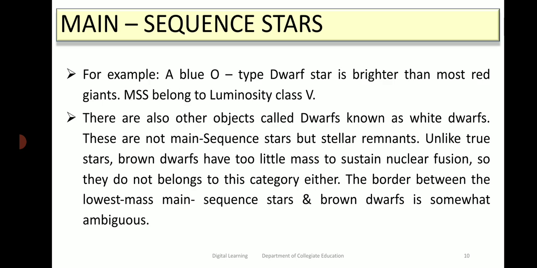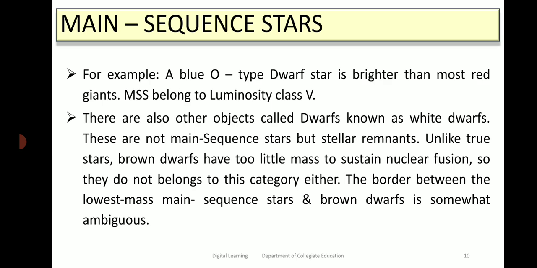An example for main sequence stars: a blue O-type dwarf star is brighter than most red giants. Main sequence stars belong to luminosity class 5.